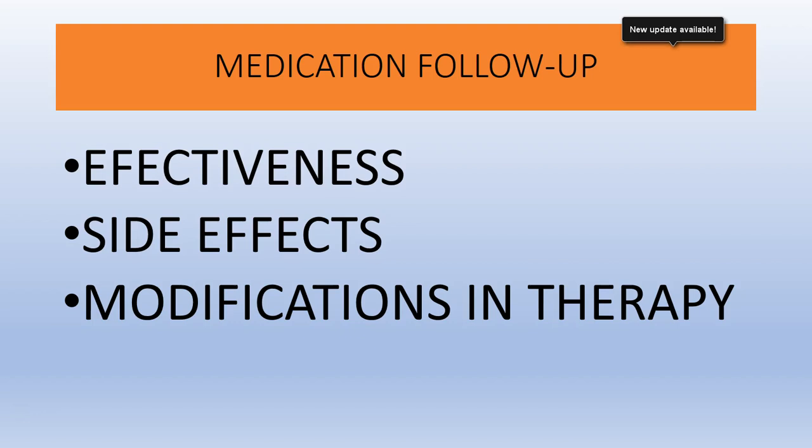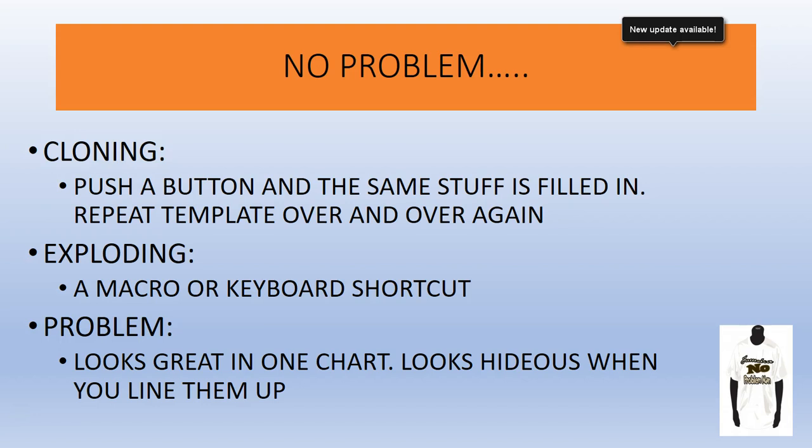And then, of course, you want to document any modifications in therapy. If a patient is still not doing well, perhaps they're not responding as you would have liked, it's important to note that, and then to note what you're going to be doing, what you're going to be changing to modify that therapy.